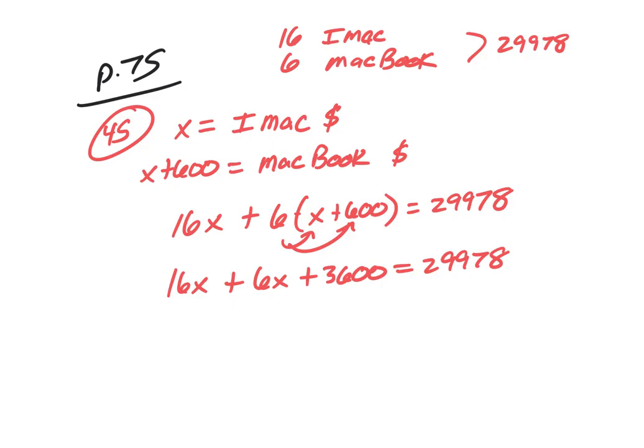Okay. And then we can combine like terms. 22x plus 3,600 equals 29,978.